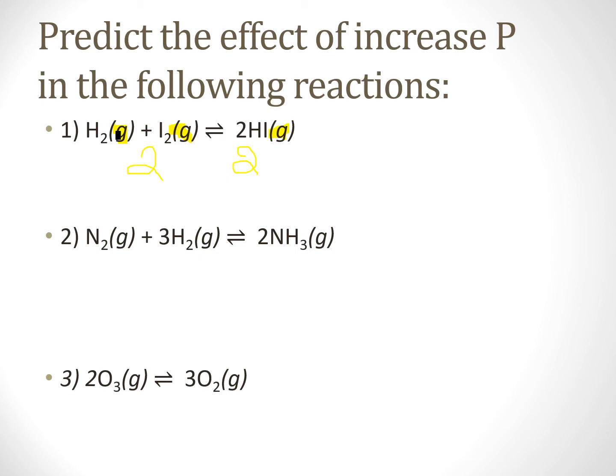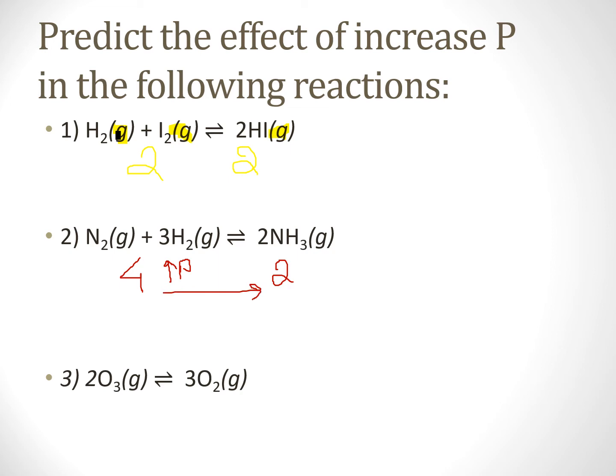The second reaction is the ammonia one we have seen already. On this side, we have 4 moles of gas. On this side, we have 2. So if the pressure is going up, which is what is being asked, the reaction will favor the side with fewer moles.